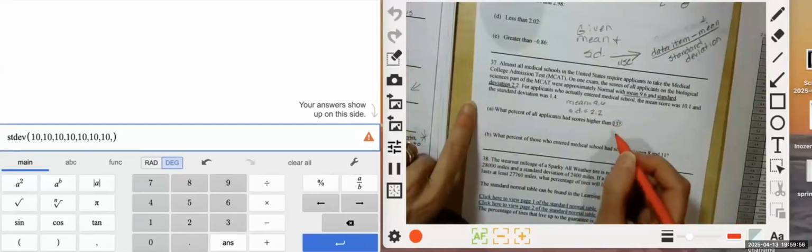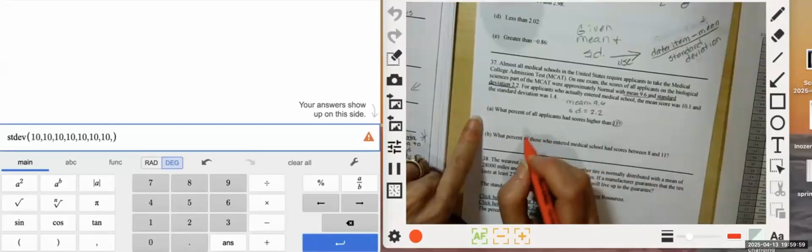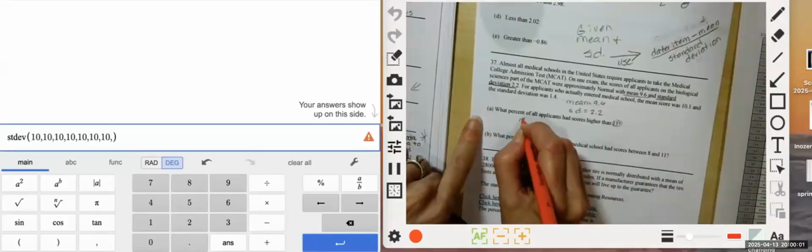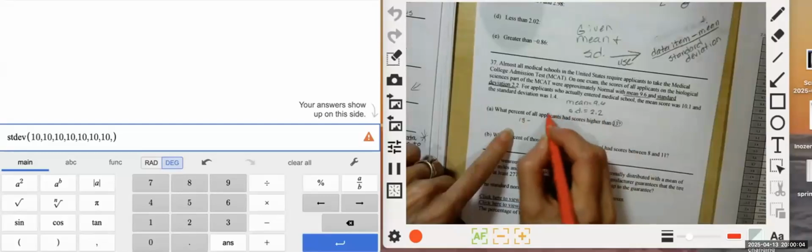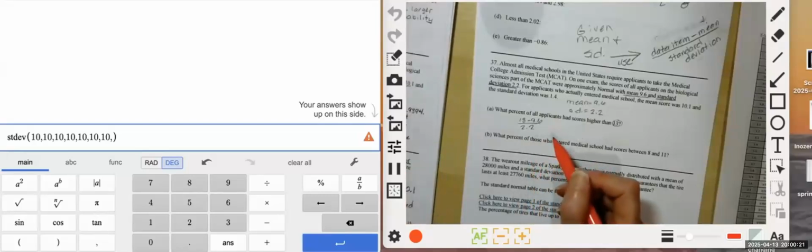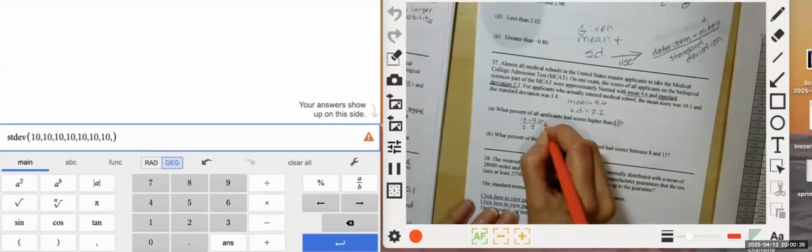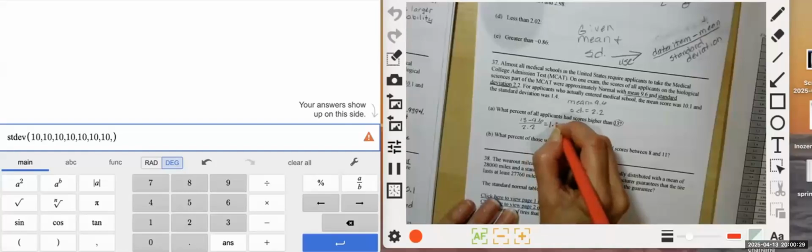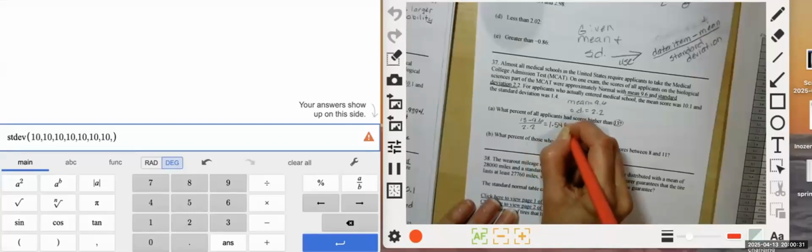Oh, this is a little bit trickier. Higher than 13. So our data item is 13 minus our mean divided by our standard deviation. You would just do this in your calculator, and you will get 1.5454.